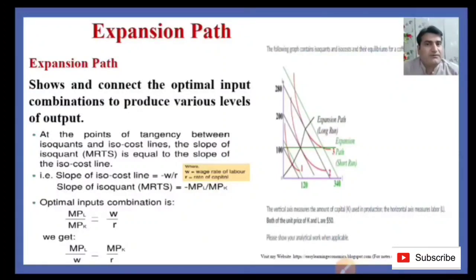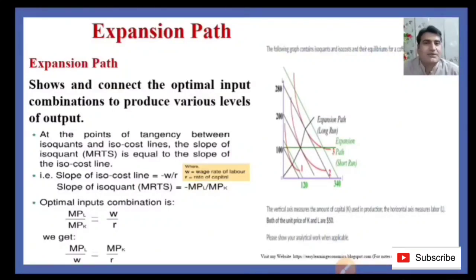The slope of the isoquant is the marginal rate of technical substitution. We discussed the marginal rate of technical substitution in detail. If you have not watched my video on the marginal rate of substitution, you must go through my channel and search for that video, and see how the marginal rate of substitution is totally different from the marginal rate of technical substitution.